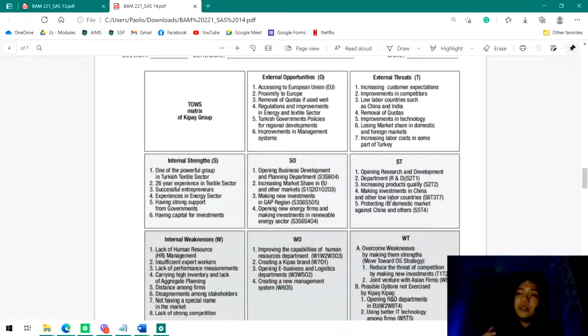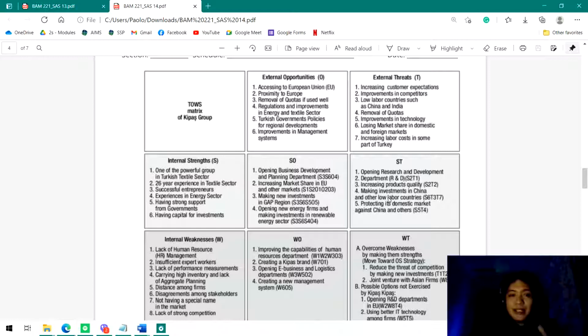Pwede na sila ngayon magtrabaho ayon sa kakayahan nila. Wala na yung expectation na kailangan nilang i-meet. So, we can now improve the human resource department if the removal of quota will be used well. I hope na-gets din nyo yun kahit papano.